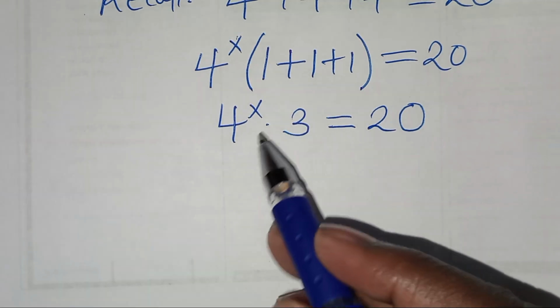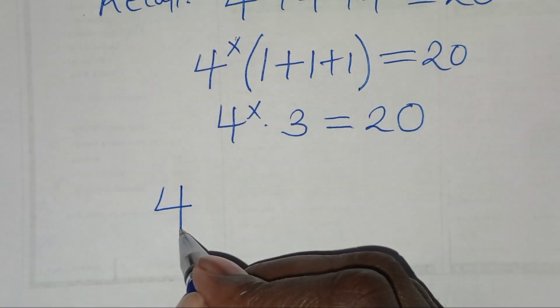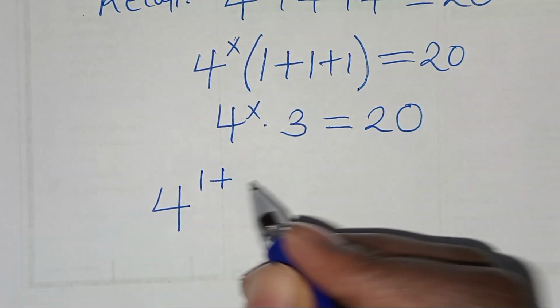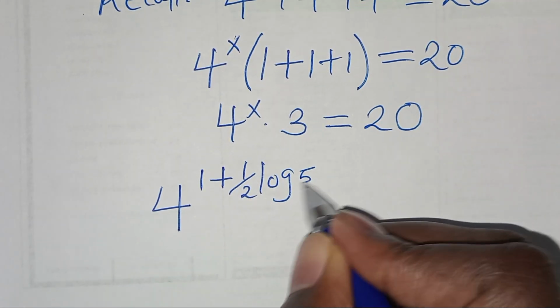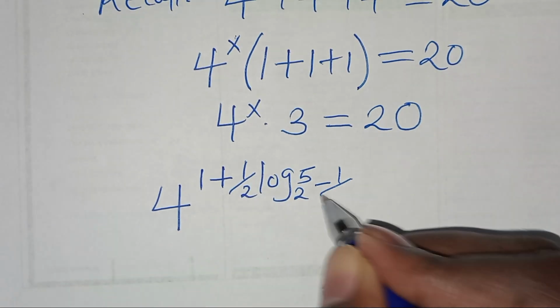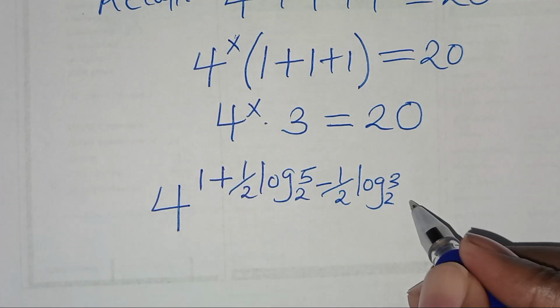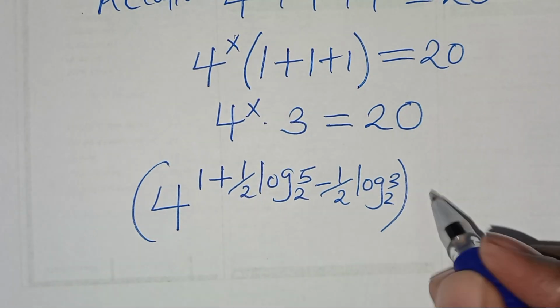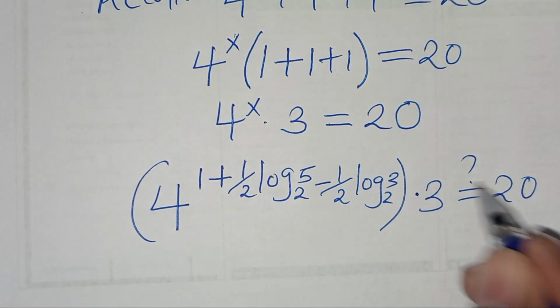So from here, we can substitute the value of x. So we have 4 to power 1 plus half log 5 to base 2, subtract half log 3 to base 2, multiplied by 3. This is supposed to give us a value of 20.